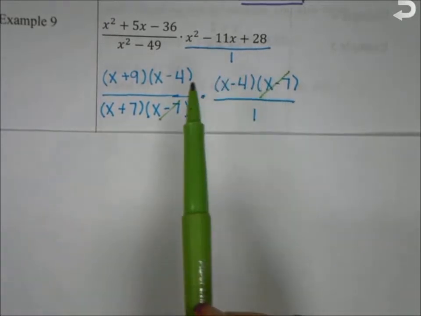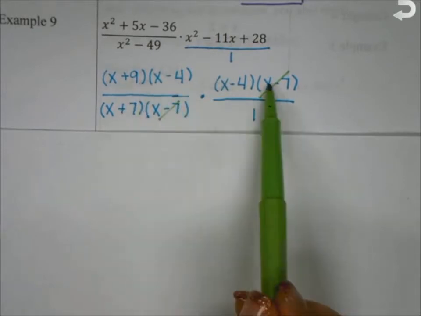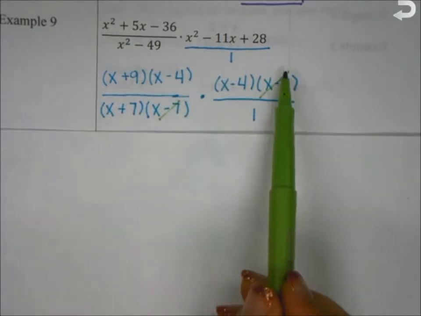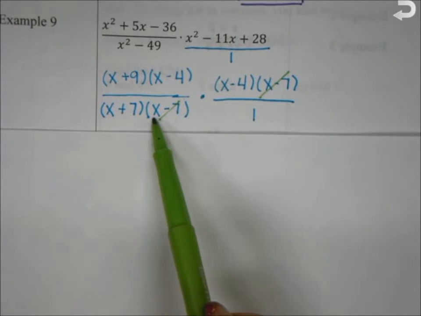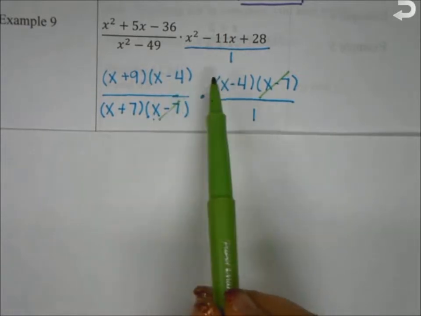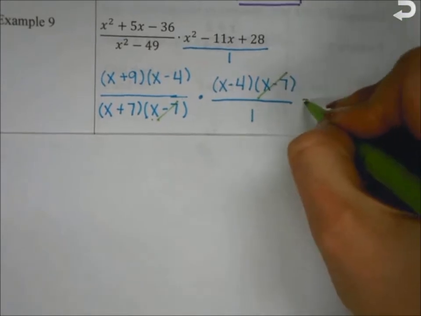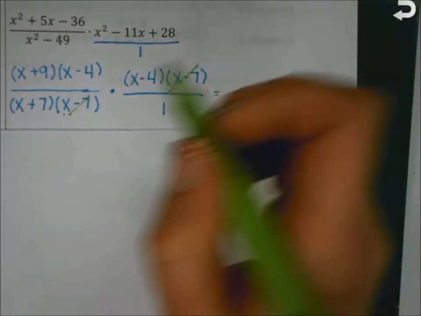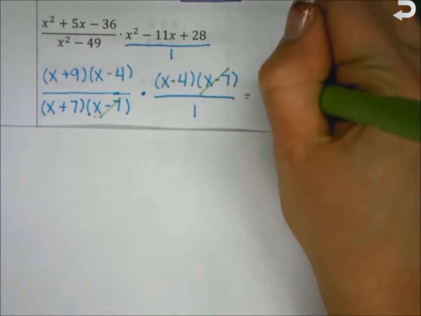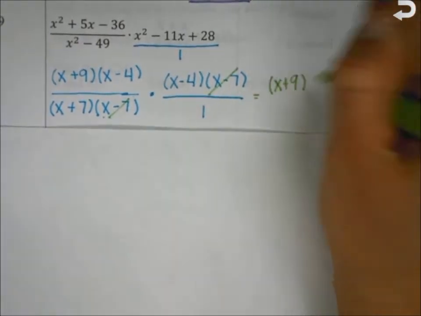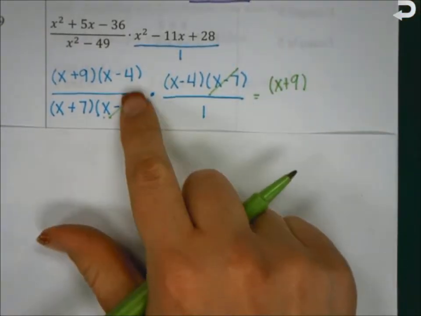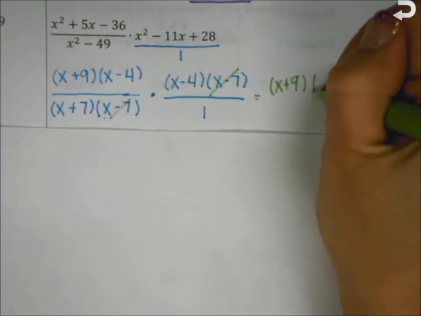Okay, so what is left in my numerator then? We have x plus 9, right? Times what? Times x minus 4 squared. Why is it squared? Because we have two of them. You could write it x minus 4 times x minus 4, but this is a lot easier, smaller.